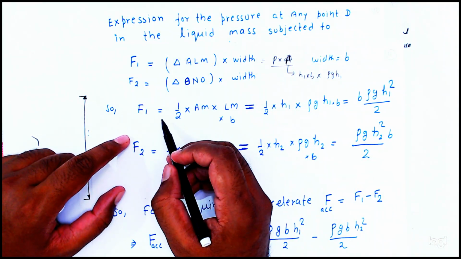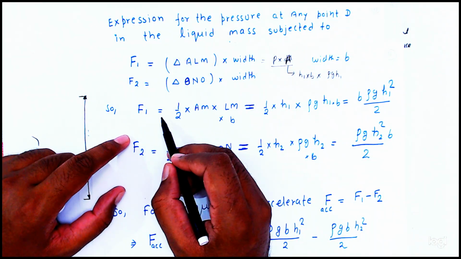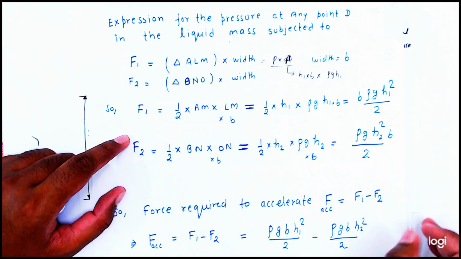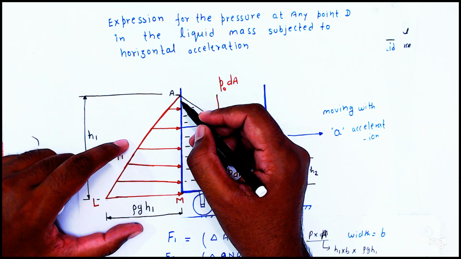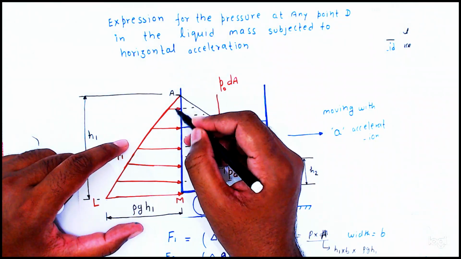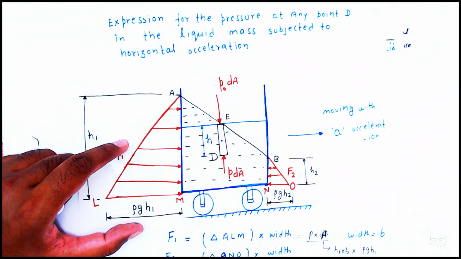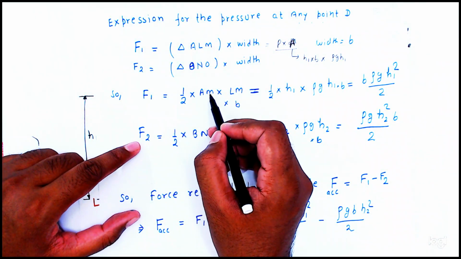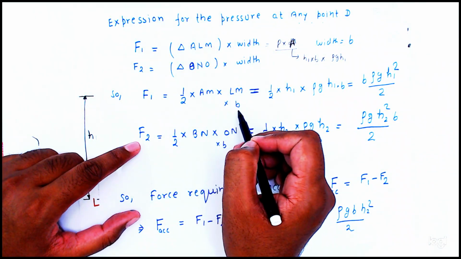First, we just need to understand this: F1 is equal to half into the area of this triangle into width B. So F1 is equal to 1 by 2 into AM into LM into B, which is the force.